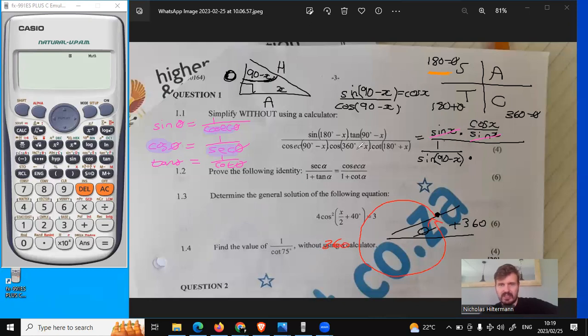And so this is essentially just cos of minus x, because it's just a circle.